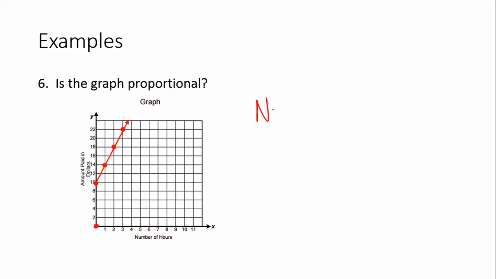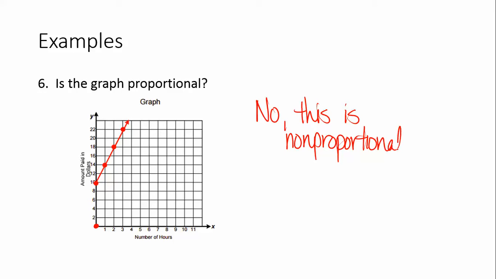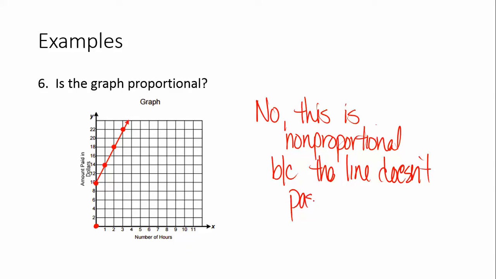So no, this is non-proportional because the line doesn't pass through the origin.